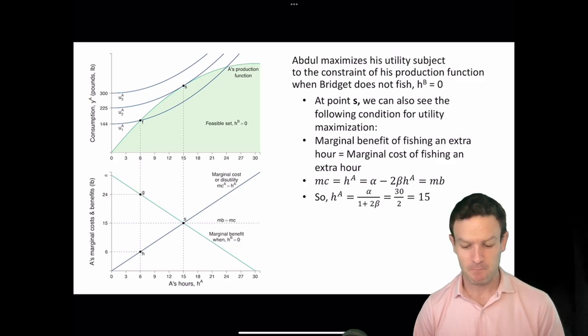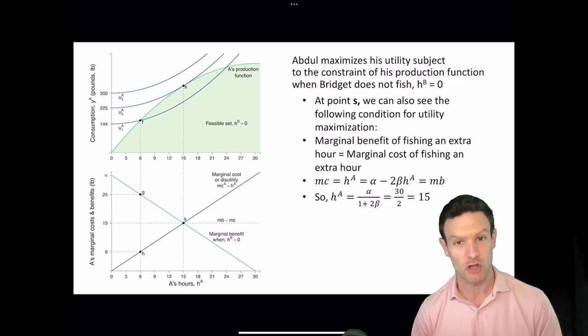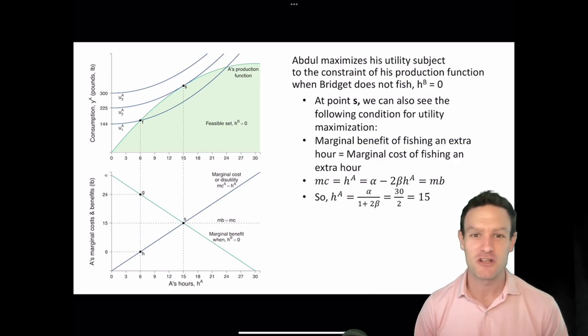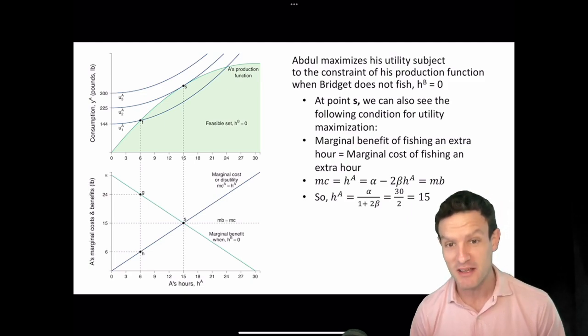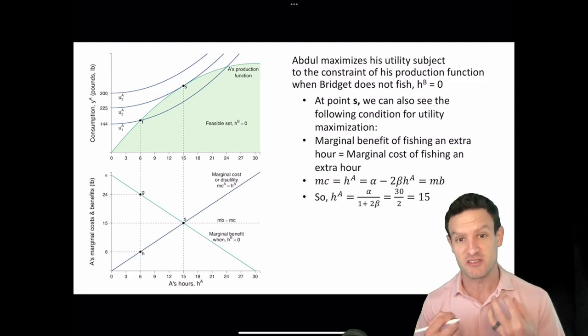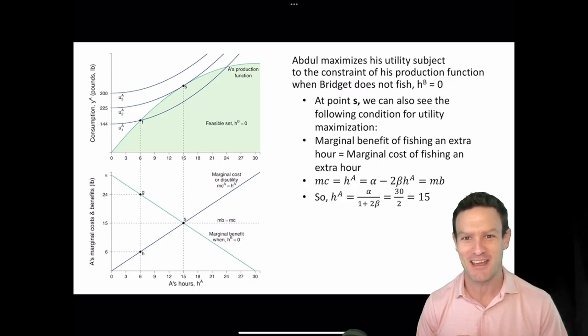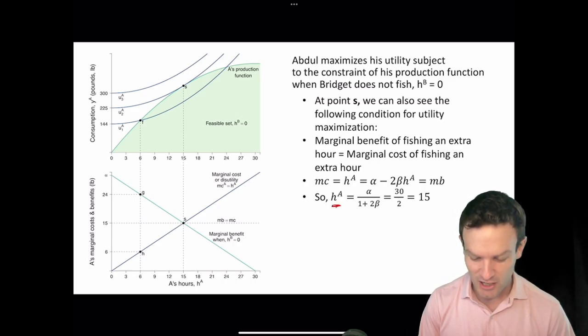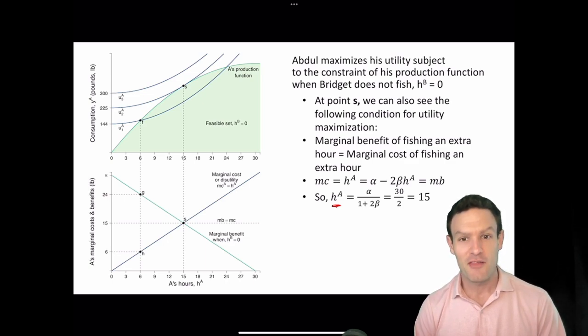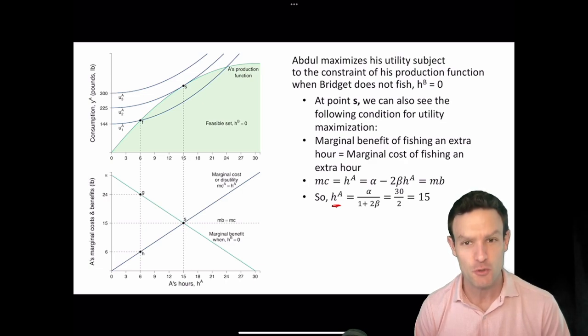So what else are we thinking? At point S, we can also see that the marginal benefits of fishing an extra hour equal the marginal costs of fishing an extra hour. The marginal costs equal HA. The marginal benefits equal alpha minus 2 beta HA. We can set those two things equal to each other and isolate HA. When we isolate HA, it means that our number of hours is going to be equal to alpha divided by 1 plus 2 beta.